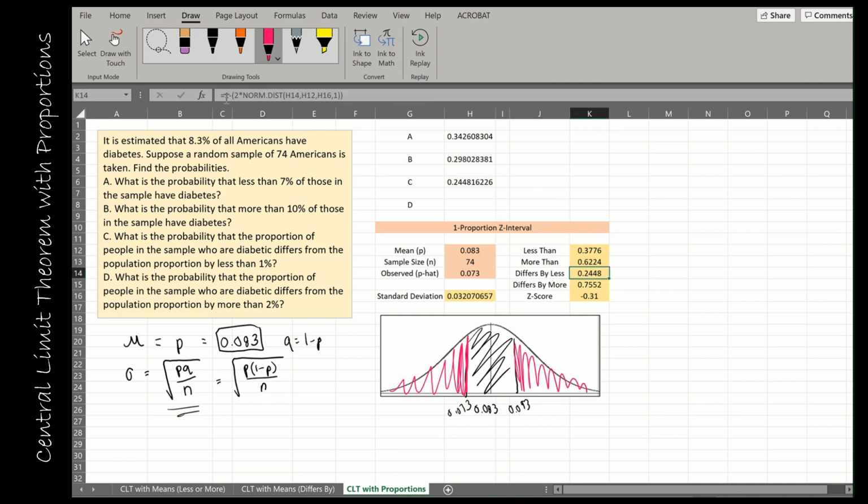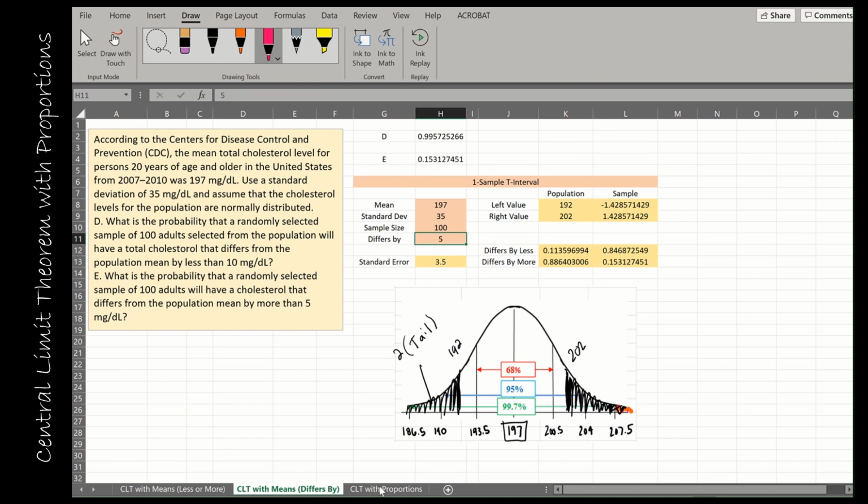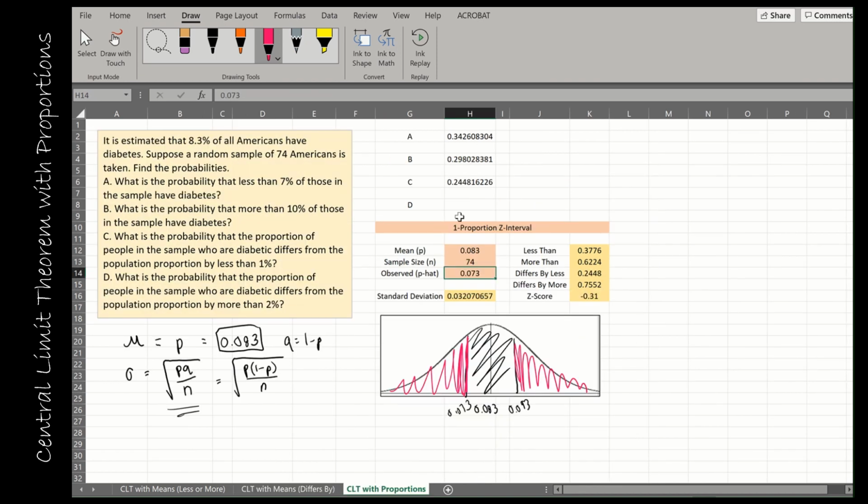And again, I set this up exactly the same way that we just did it together. I just used inputs for mean, sample size, and of course the 0.073 instead of doing a separate differs by column. And then for the last one, again, differs by more than. So in this one, instead of subtracting from 1, I'm not going to subtract from 1.